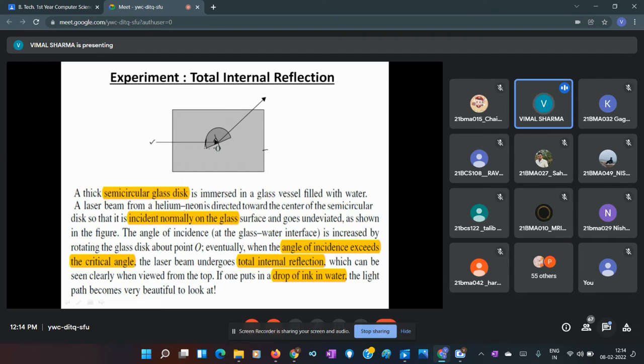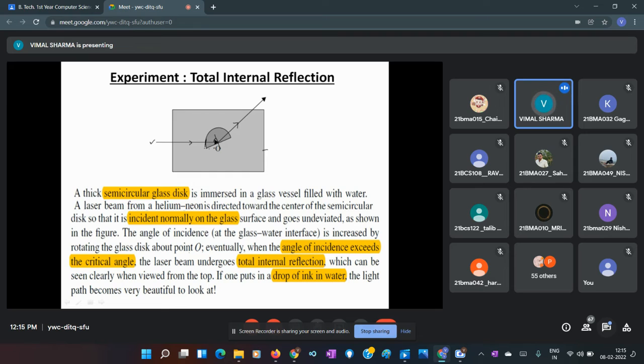Because this is a laser light, you can see a well collimated path of this, and it gets totally reflected. Total internal reflection happens here, and then you can see light bending like this and going away.